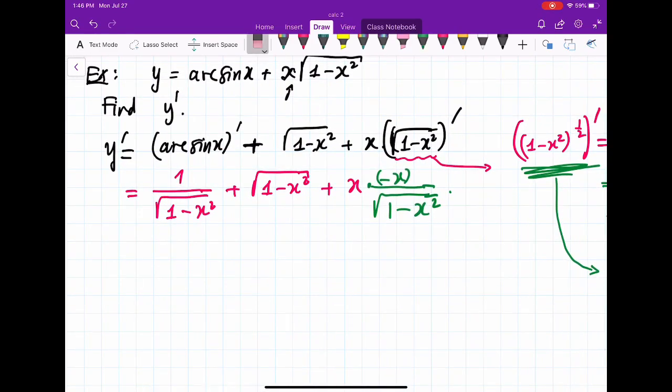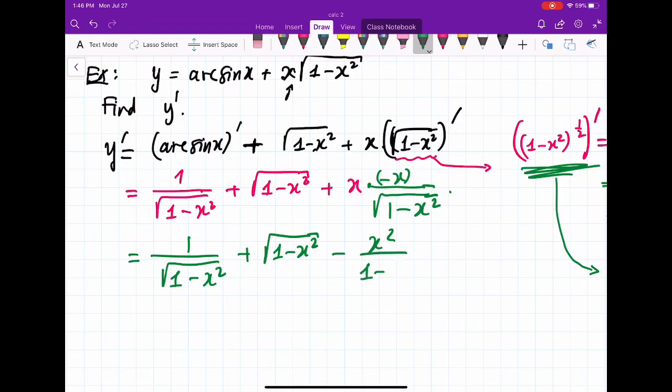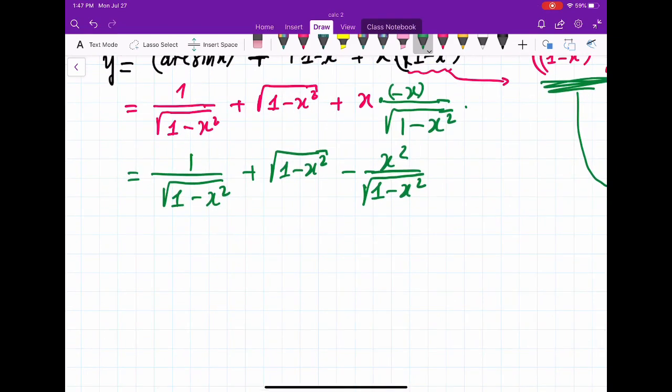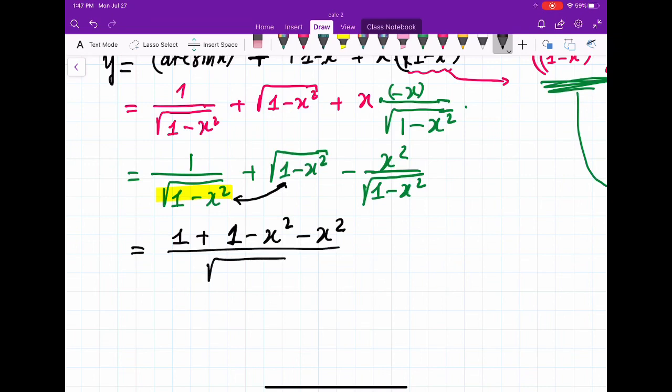Let's see if we can simplify this or not. I have the square root of 1 minus x squared in here, plus the square root of 1 minus x squared in here, and then minus x squared over the square root of 1 minus x squared. Actually, we can simplify this, right? We have a common denominator, which is the square root of 1 minus x squared. Okay, let's simplify this. I have 1 plus, I multiply this guy with this guy, so I have 1 minus x squared, and then minus x squared over the square root of 1 minus x squared.